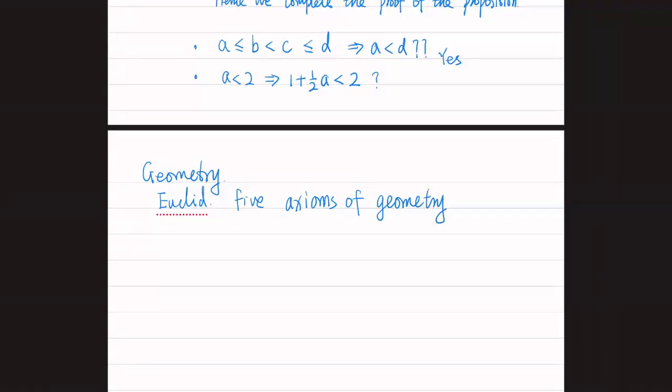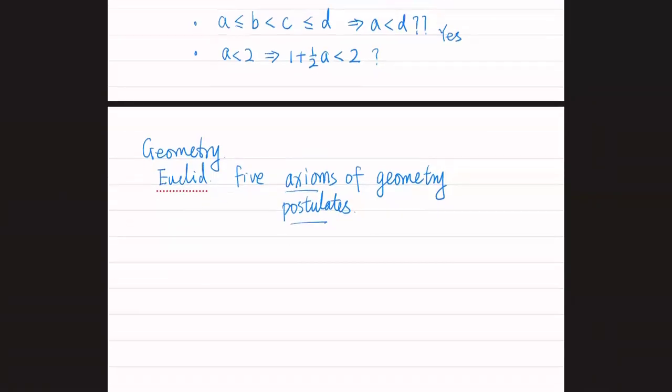Some use axioms. Some also use postulate. They're essentially the same thing. These 5 axioms are the foundation for Euclidean geometry.